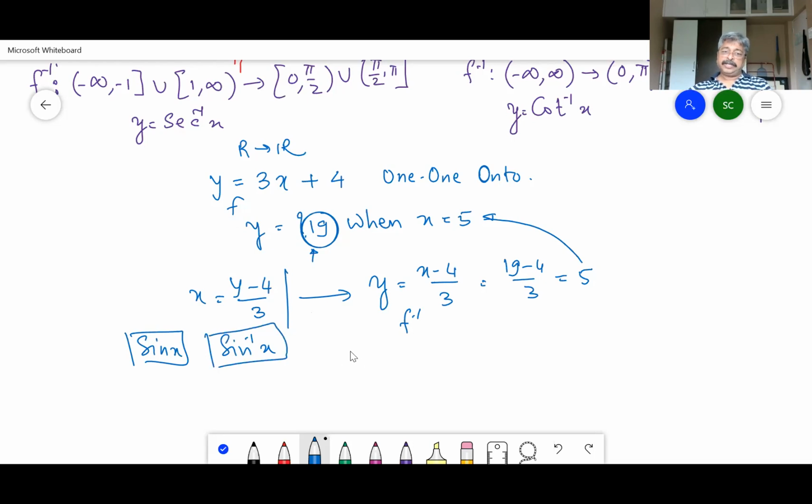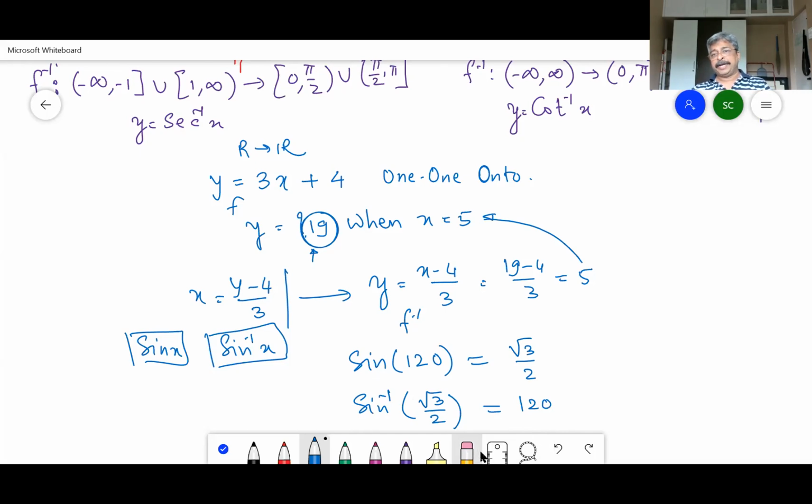Okay. However, now let us see the simplest function that we have discussed, sin x and its inverse. Can you tell me what is sine 120? How much is sine 120? Root 3 by 2. Okay, so if I take sine inverse of root 3 by 2, I expect that I should get 120 back.